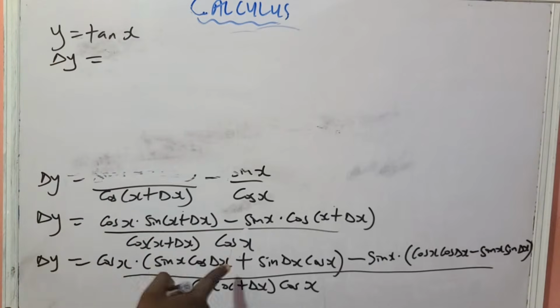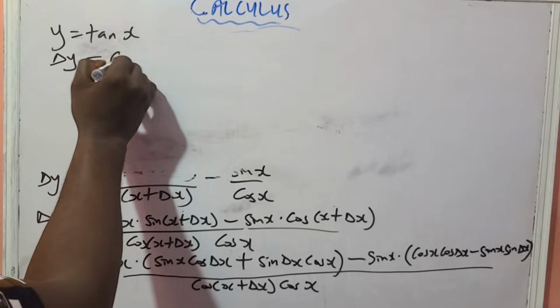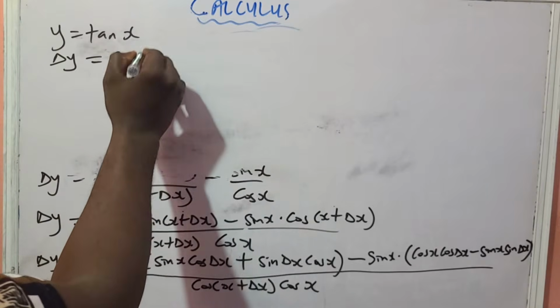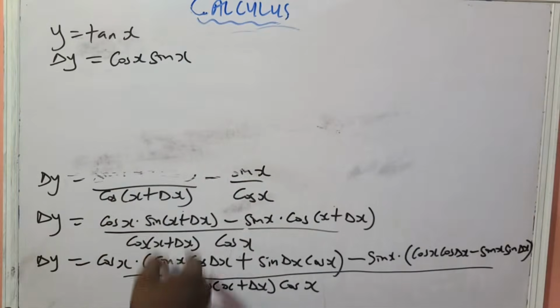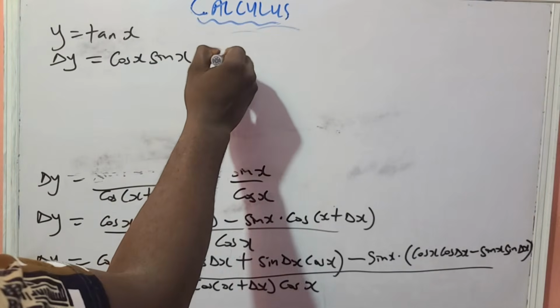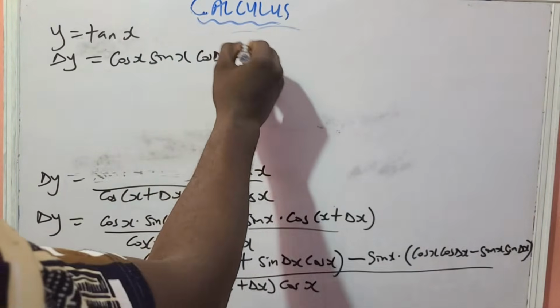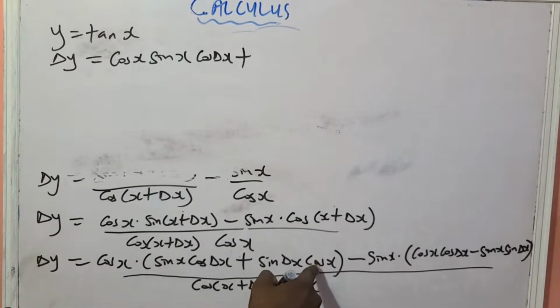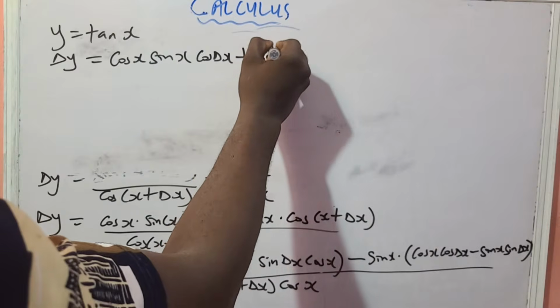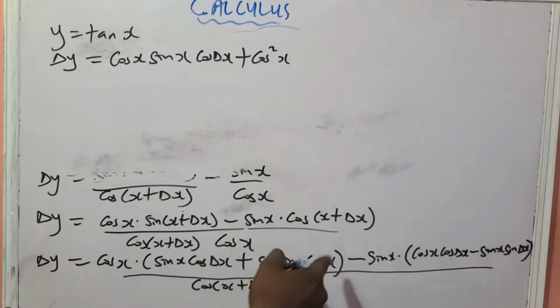So change in y is equal to, I want to open all these brackets now. This will be cos x sine x cos change in x, plus, then I have cos square x, because cos x times cos x will be cos square x. This is not the same thing as cos x square.